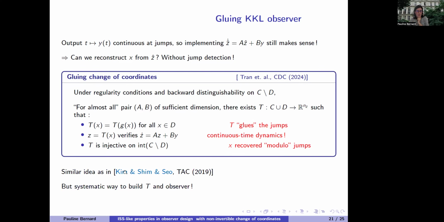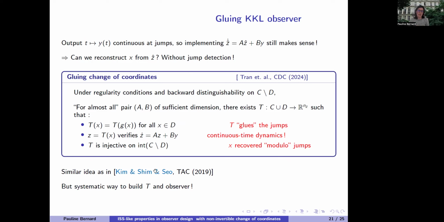So this idea is not new. It was introduced by those authors in 2019, actually before in the conference version. But here the difference is that you have a systematic way of building this change of coordinate and a systematic way of building the observer, okay?